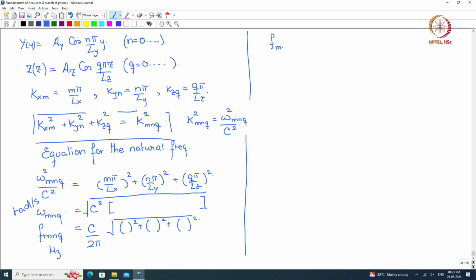The natural frequency f in hertz or cycles per second is given by c by twice pi square root of m pi by Lx whole squared plus n pi by Ly whole squared plus q pi by Lz whole squared. Okay, that's the frequency.